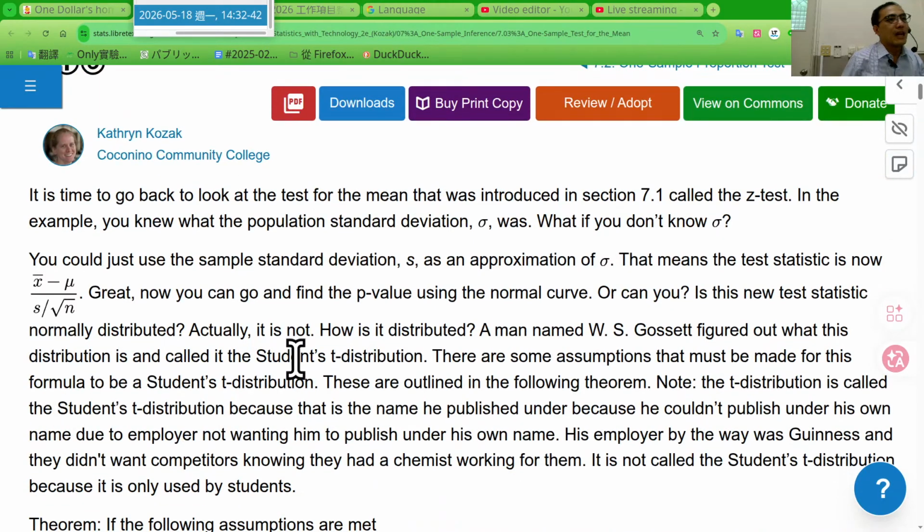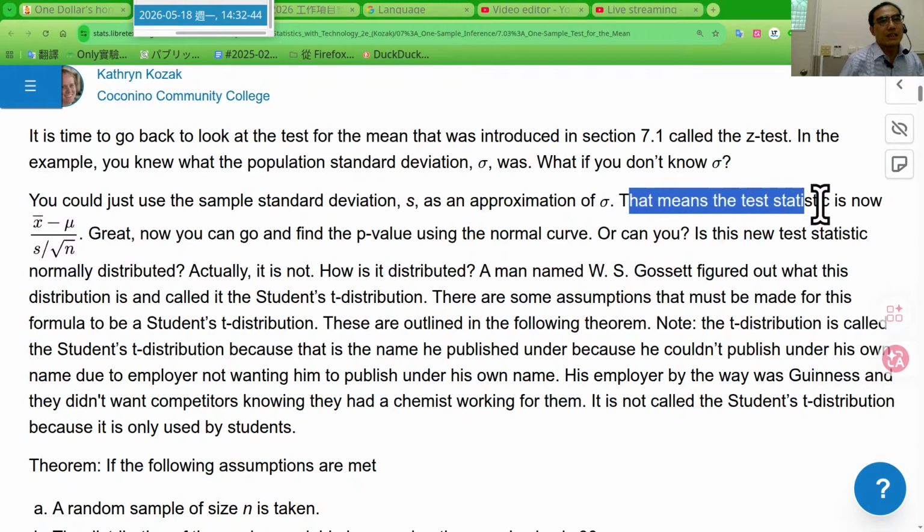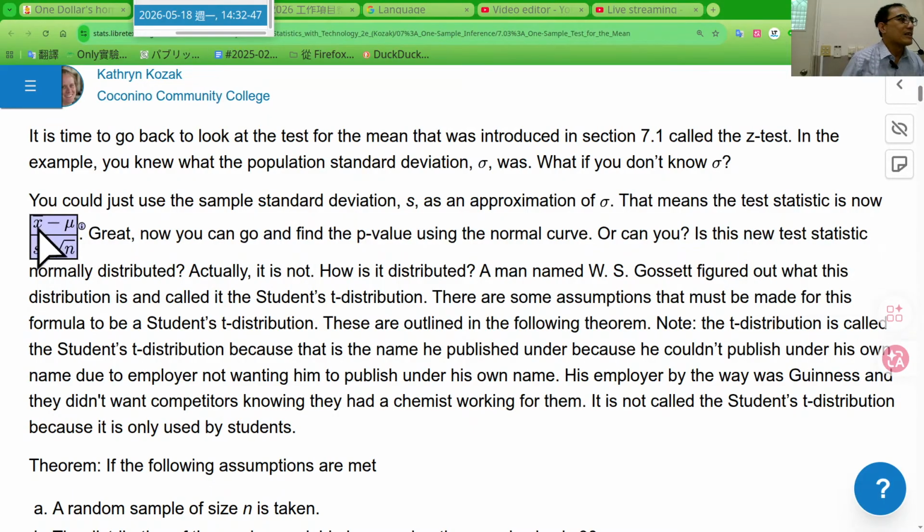Okay, and now we know the mean test statistic is x bar. It implies x bar is the sample mean from the population. Maybe the population is the total population of the Philippines, of Taiwan, of Japan, of somewhere. If we select maybe 30 people, 50 people from the population, and get the average, we call it the x bar, the average.